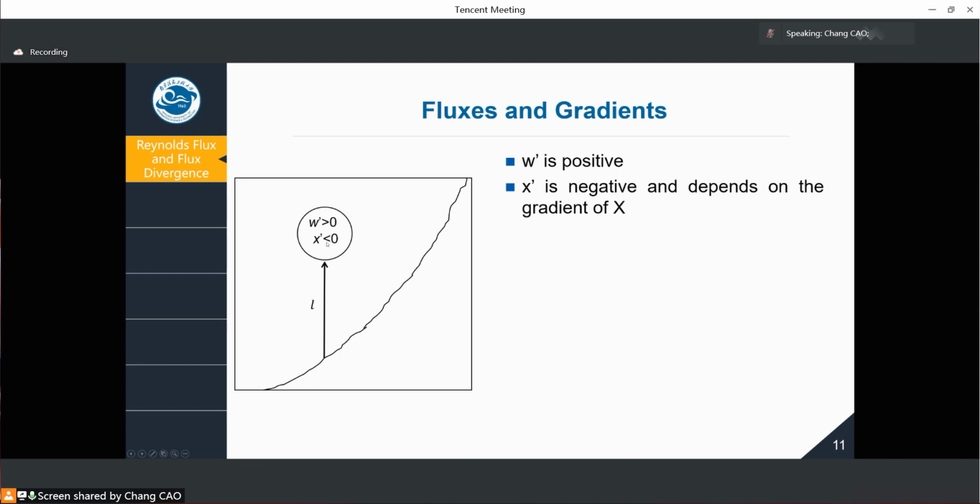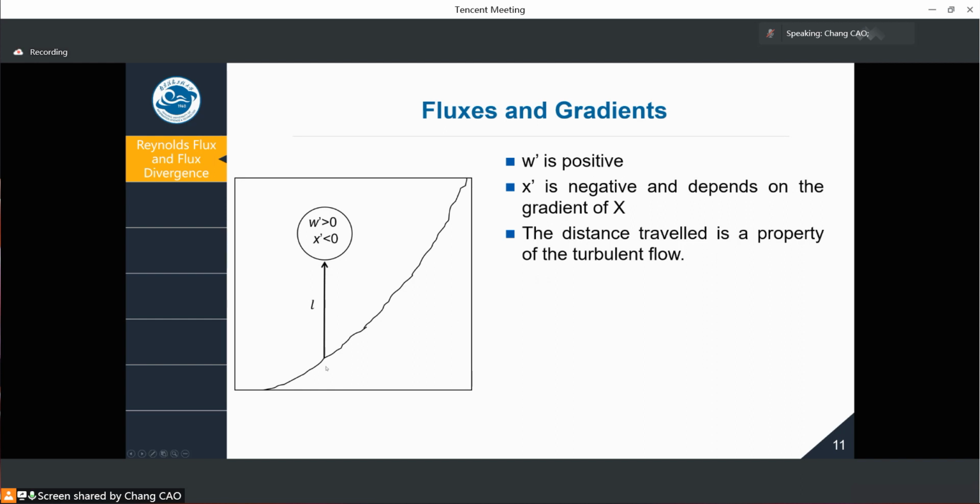Here we just suppose that X prime is negative. And you can see the L here. L just represents the distance traveled by the turbulent flow. L is a property of the turbulent flow, and usually it is of the order of magnitude of the size of turbulent eddies.